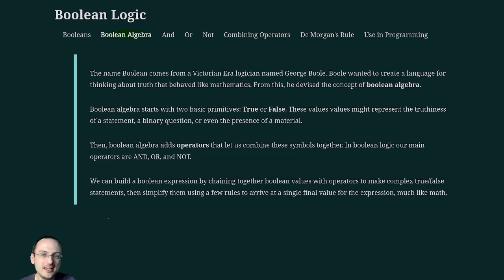Then, as the name algebra would suggest, we can simplify those expressions using our basic rules to arrive at a single final value, a true or false, that is the answer for the entire complex thing we've constructed. This is just like simplifying an expression in algebra. What I want to do first is introduce the formal rules of our three operators, and, or, and not. So let's start off with and.